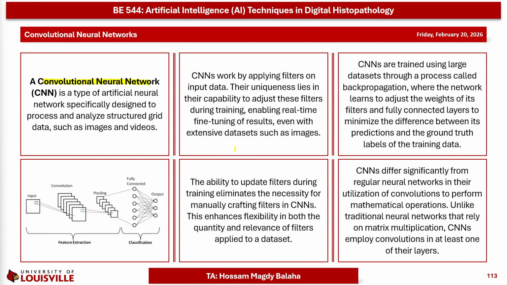Again, CNNs use convolution operations, which differ from matrix multiplication in traditional neural networks, with the help of something called filters. By applying the filters on the input data, like images or the tiles in our case, we can adjust these filters during training, which facilitates the real-time fine-tuning of results.